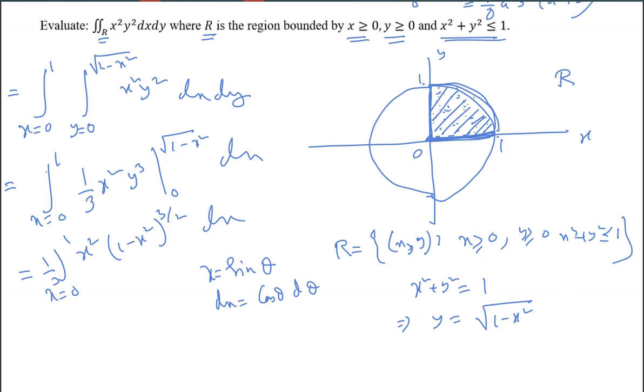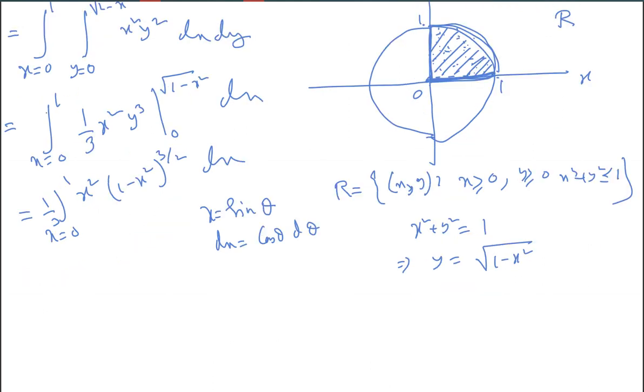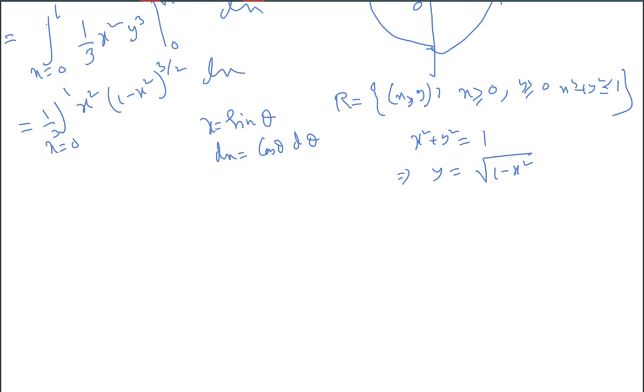So you can write this integration as 1 by 3, 0 to pi by 2, x square is sin square theta, 1 minus x square is cos square theta, that is cos square theta to the power 3, that means cos cube theta, into cos theta d theta.